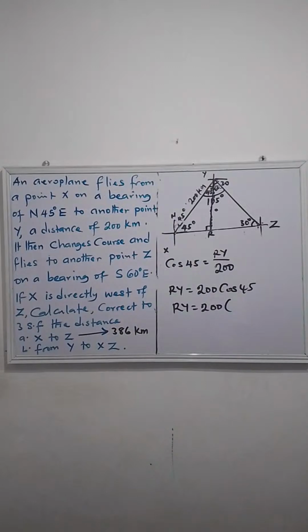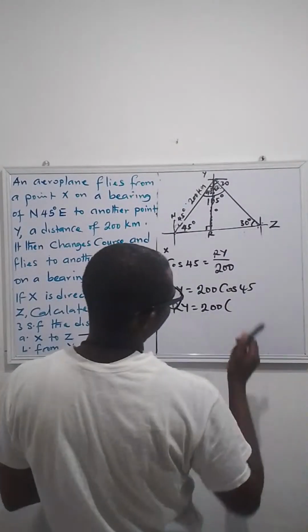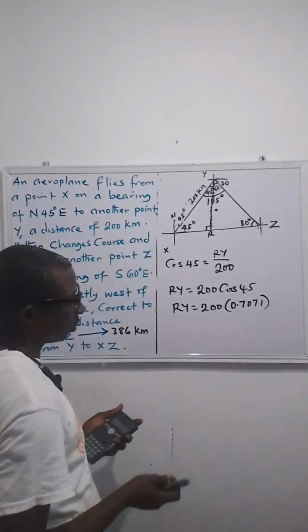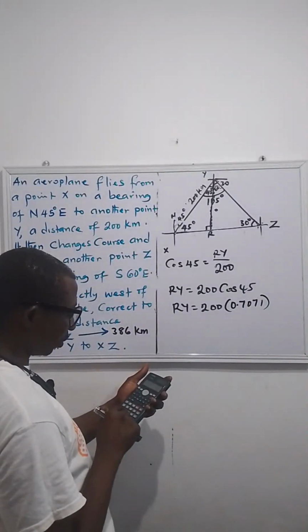Cos 45. Anyone? Okay, 0.7071. That's correct.